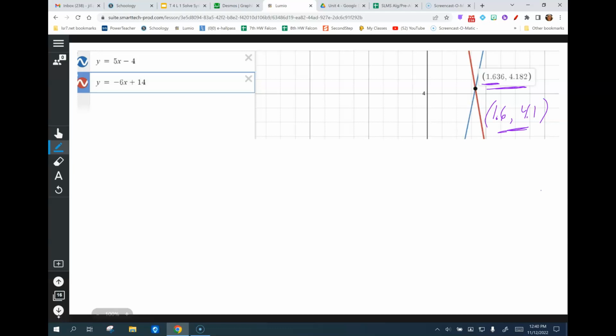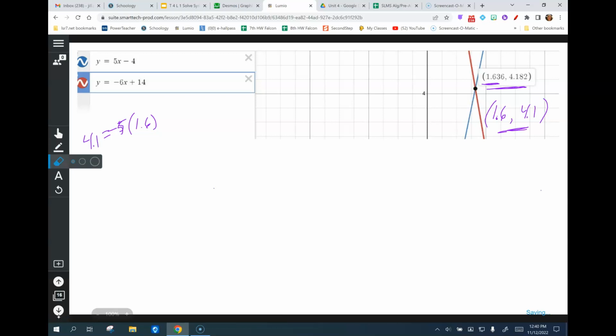So I'm going to take that first equation, y is equal to 5 times, and I'm going to start with 1.6. And oops, I have to change that, and y is 4.1. And we're just going to take our calculator and figure that out.